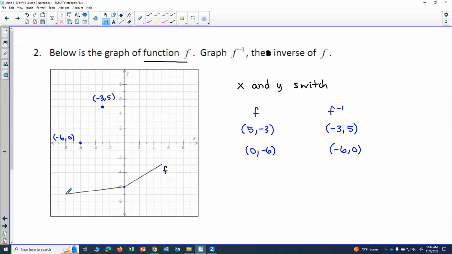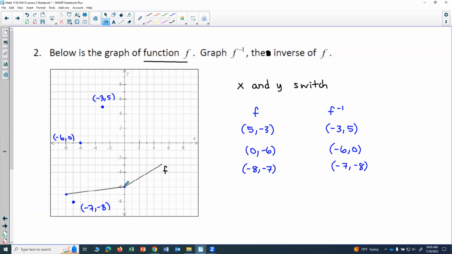And then this last point on f is (-8, -7). So x is -8, y is -7. And so on the inverse, I'll have the point (-7, -8). So here's -7. I want to go down to -8 right here.